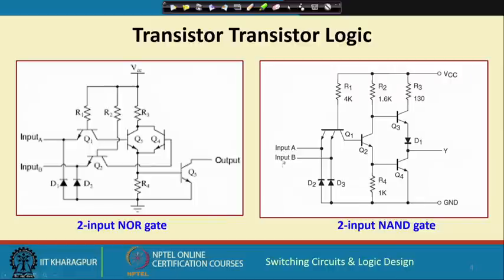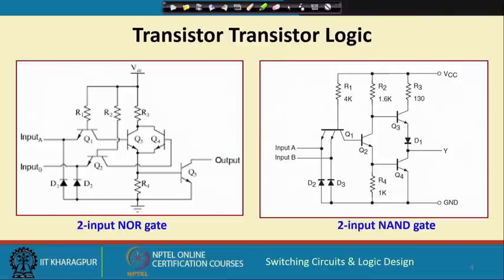So, whenever at least one of the inputs is at 0, this emitter, the multi emitter transistor, this emitter would be conducting, this would force this transistor to be off, and then it would force this transistor to be conducting, and VCC will come to the output, output will become 1.